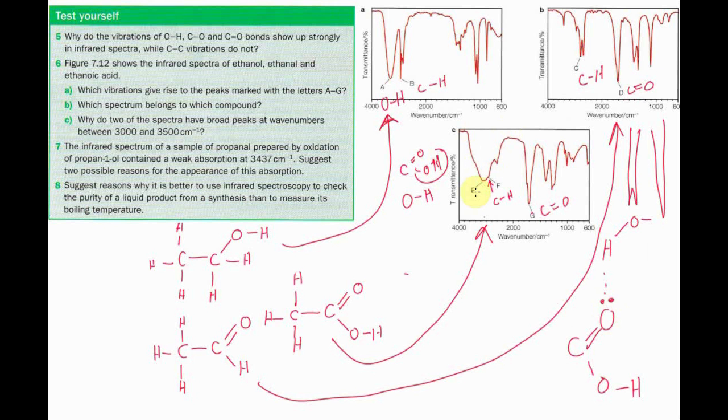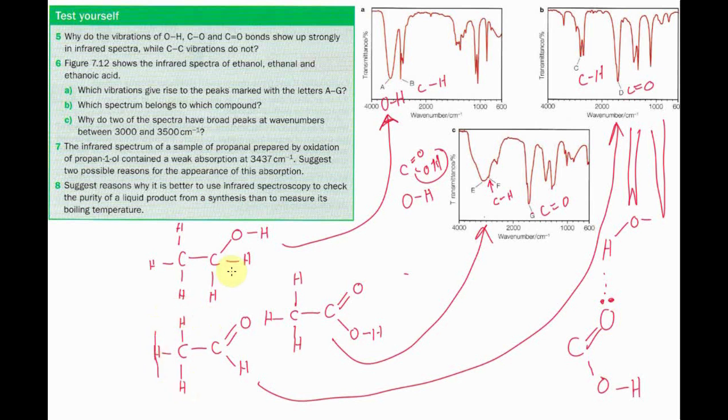The infrared spectrum of a sample of propanal prepared by oxidation of propan-1-ol contained weak absorption at 3437, so in the region where you get the OH peak. Suggest two possible reasons for the appearance of this absorption. So why are we getting the OH peak in this sample?